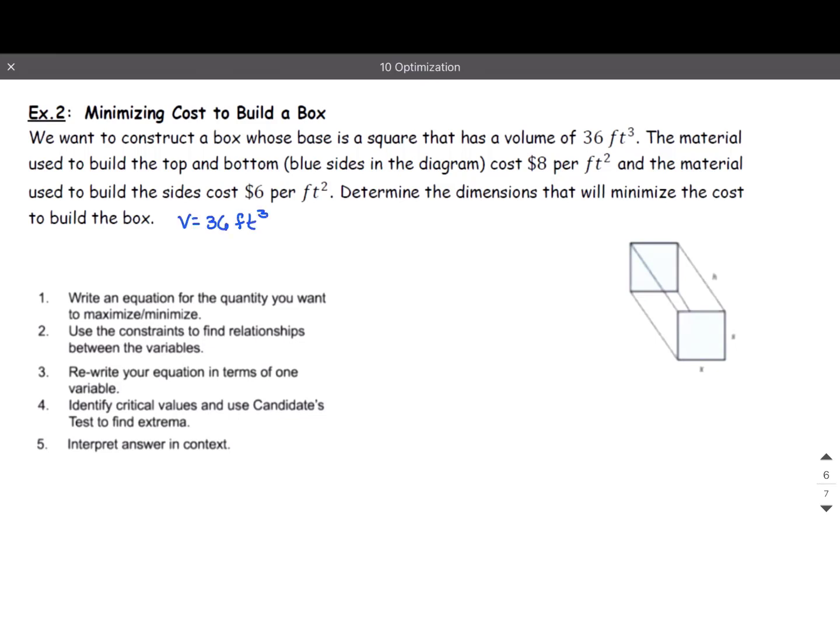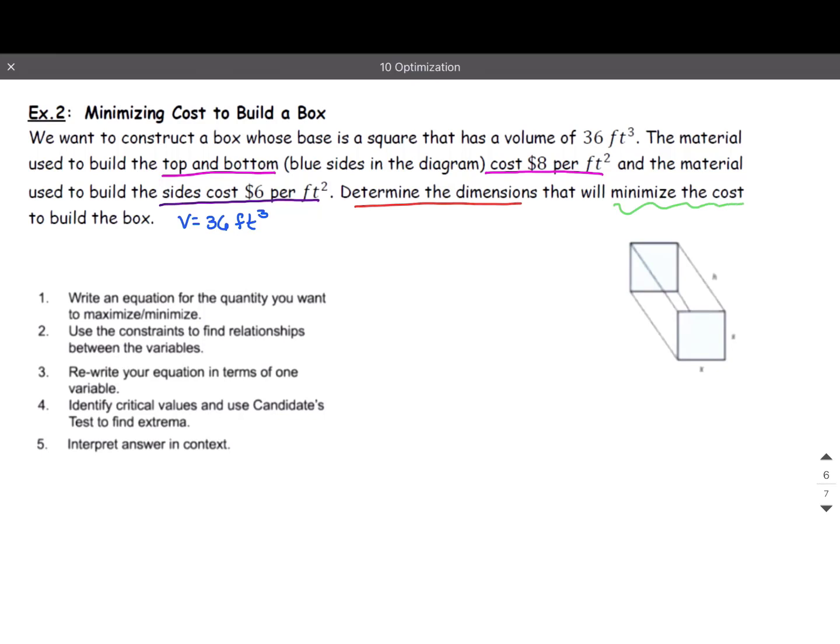And the material used to build the top and bottom, that's the blue sides, costs $8 per square foot. And the material used to build the sides costs $6 per square foot. Determine the dimensions. So they want us to find the dimensions that will minimize the cost.